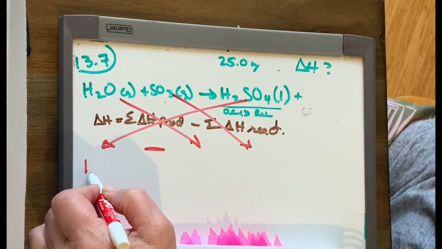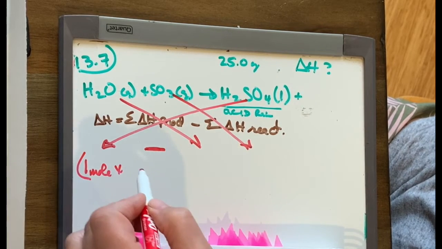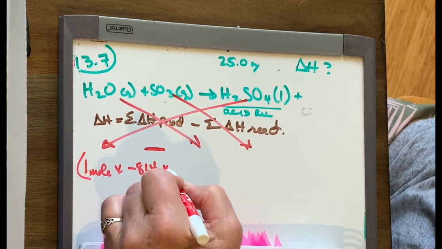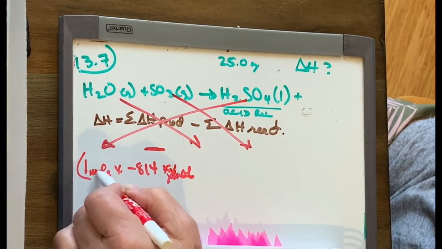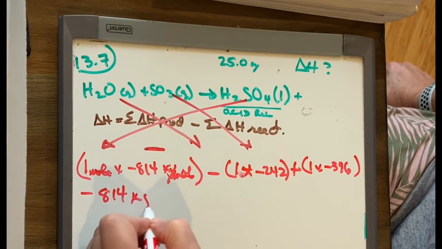So we're going to put a 1 there because that helps us remember that we're getting rid of the moles in the formula so that the integrity of the math stays, right?